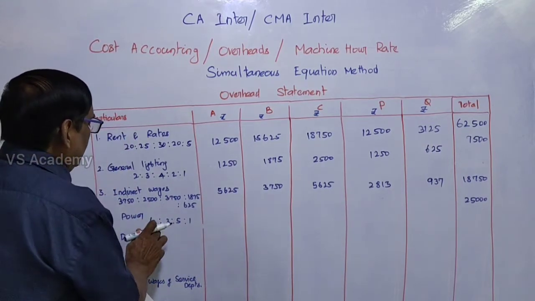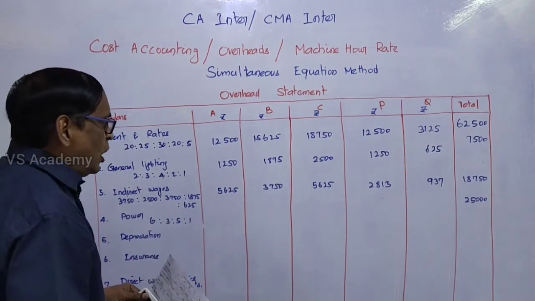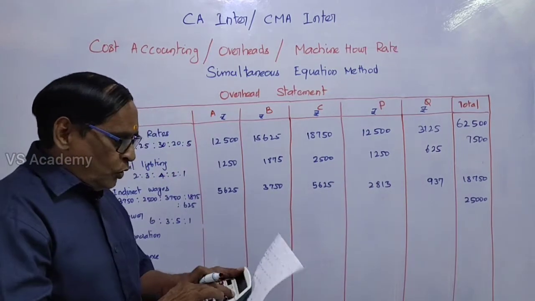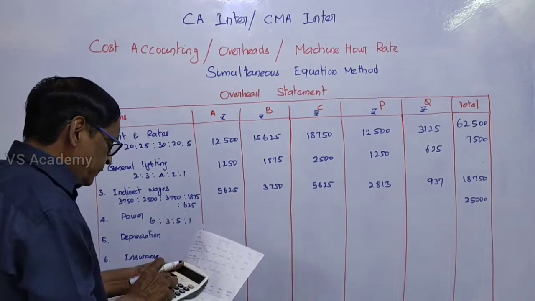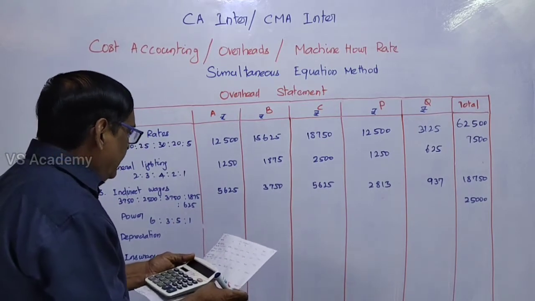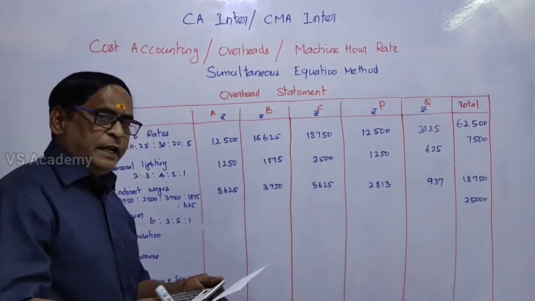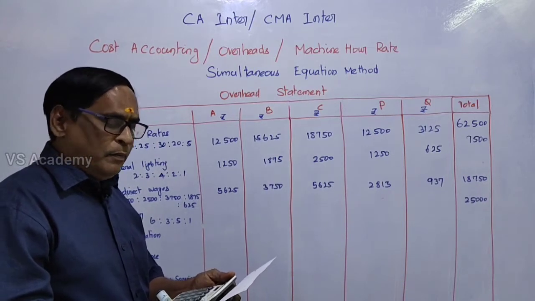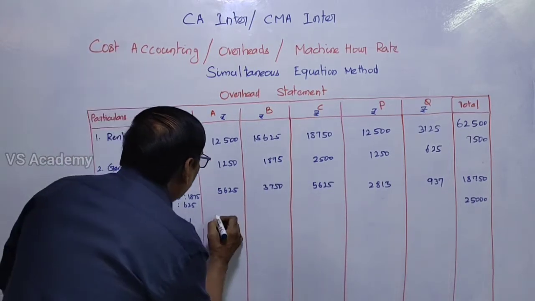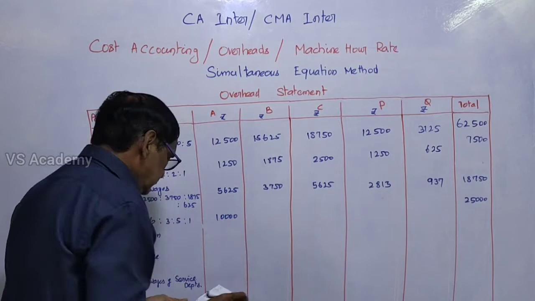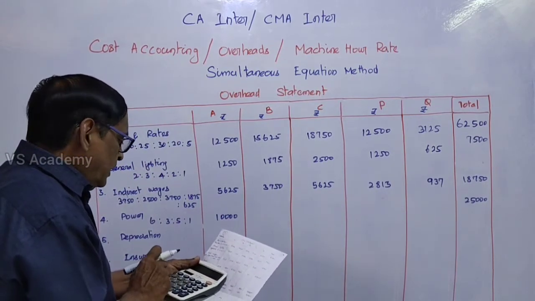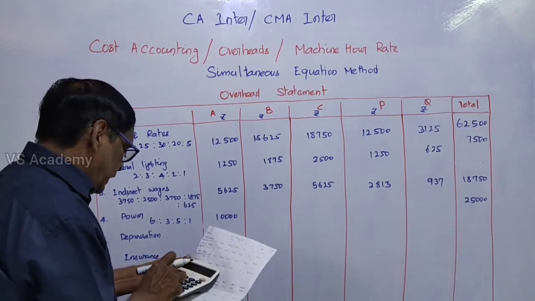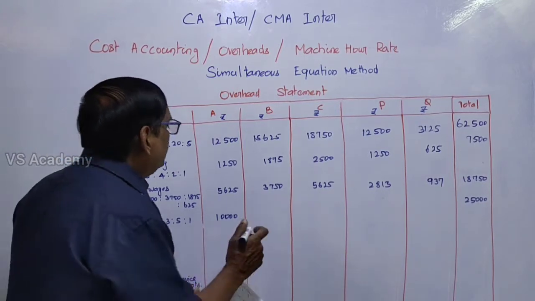What would be the total? 9, 10, 15. So 25,000 divided by 15 into 6. The amount will be 10,000. It comes 9,999, you can round it, so 10,000. And then 25,000 divided by 15 into 3, so 5,000.